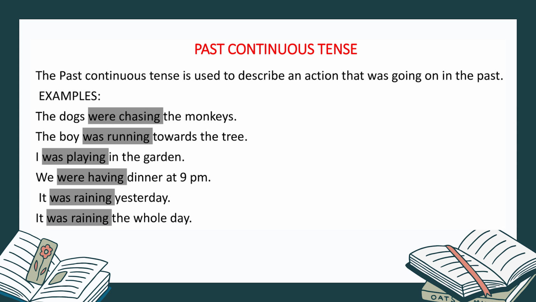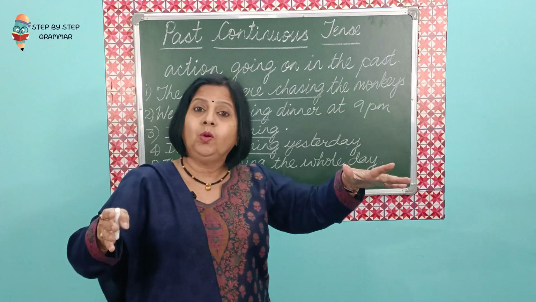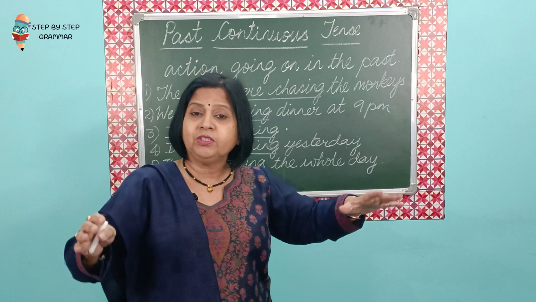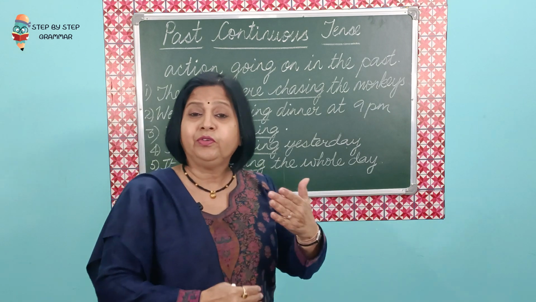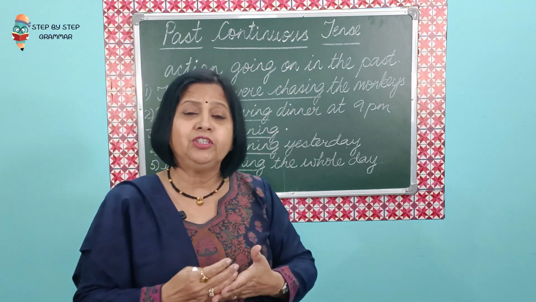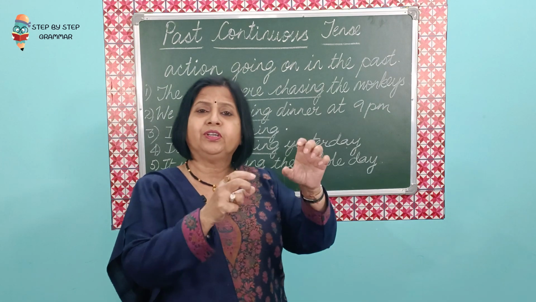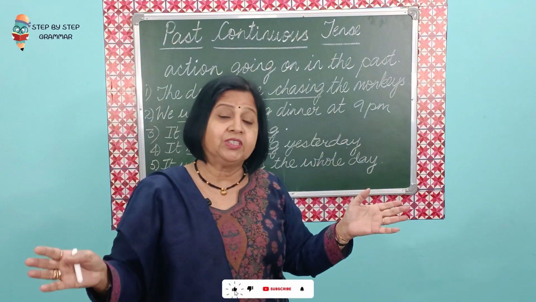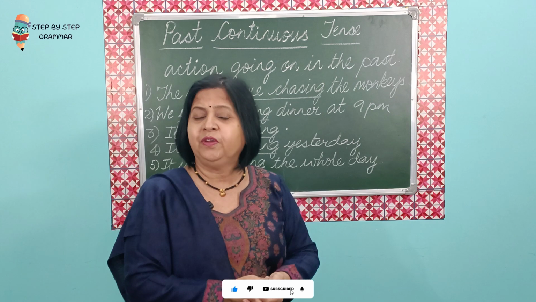And it was raining the whole day. Now, when I talk about the whole day, I'm talking about the duration. That means the whole day, maybe from morning till evening, it was raining. So these are the different types of past continuous tenses which we use to describe certain events. It could be just indefinite or at specific times.